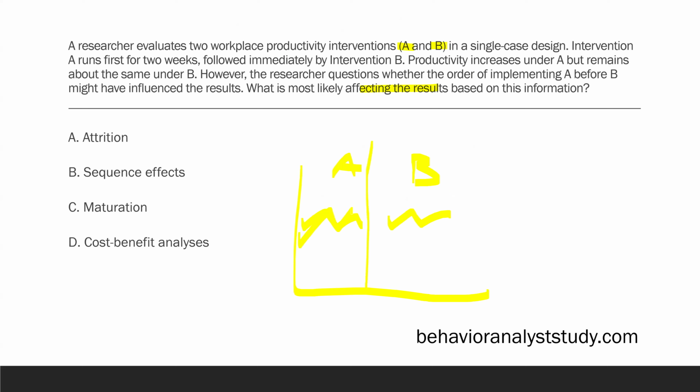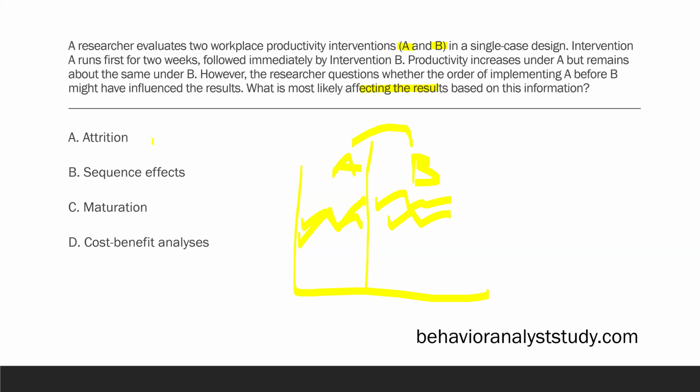Productivity increased under A and then remained about the same under B. The researcher, though, says the order A before B might have influenced the results. So when we think about the order of our conditions and the condition before the next condition affecting the outcome of the following condition, what are we referring to?